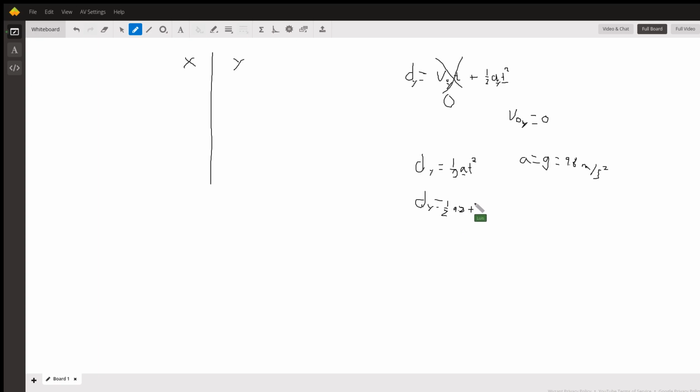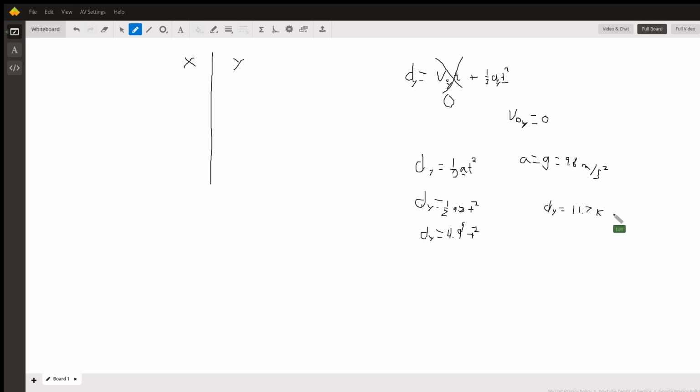Half of 9.8, if you want to do that in a calculator, you can. So dy equals 4.9 t squared. Now, dy is the height which was given, the altitude, which is 11.7 kilometers. So we put dy equals 11.7 kilometers.